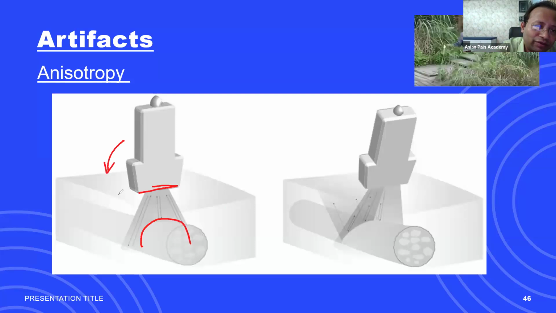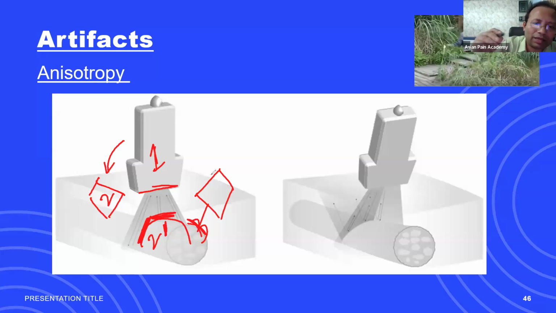If I move the probe like this and my probe becomes like this, then I will see this much structure. When I am in position number 1, I was seeing this part. When I'm in position 2, I am seeing this part, and then I will move in this way, and then I will see position number 3, this area.